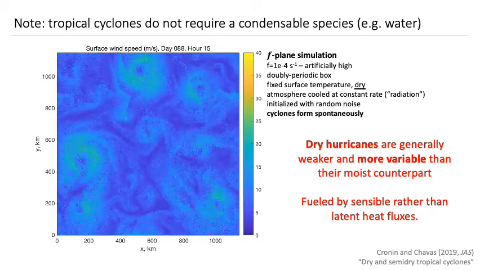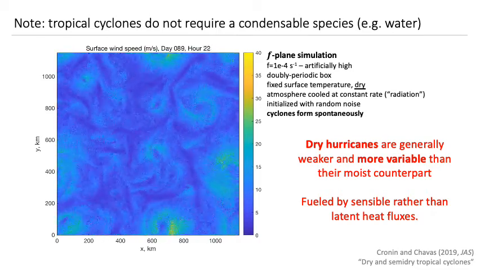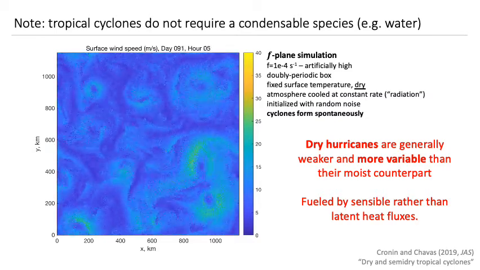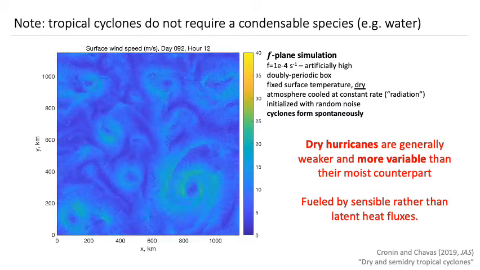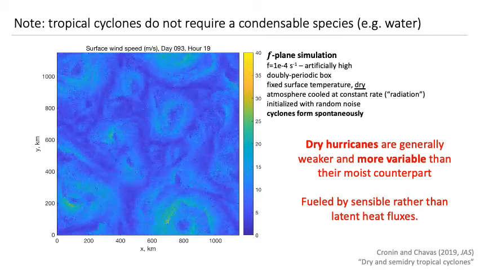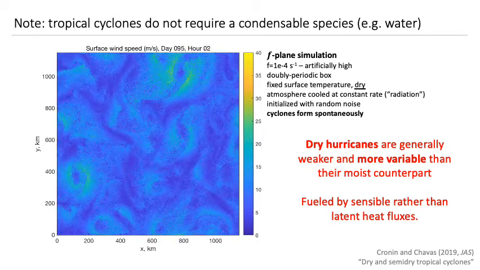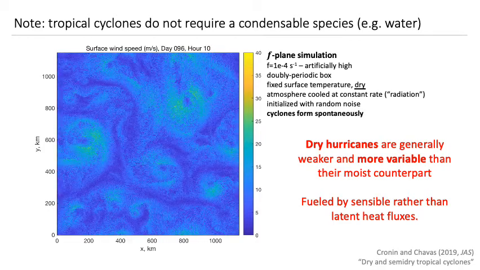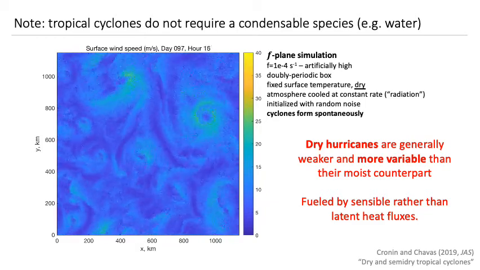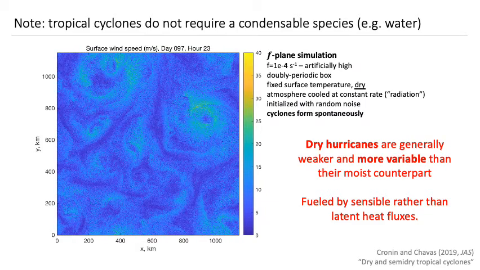So there's a big temperature jump between the surface and the overlying air, because there is no moisture jump there, because there's no moisture at all. So again, something I'm happy to talk about more separately, or you can go and check out the paper. This is pretty cool. And I'll say there's still a lot of things about these dry cyclones that we do not actually understand fully still.